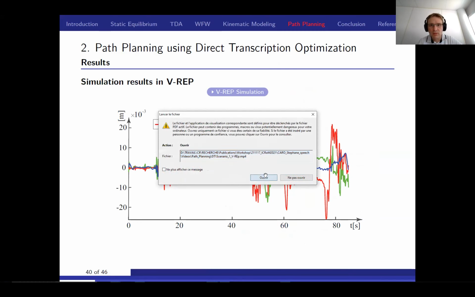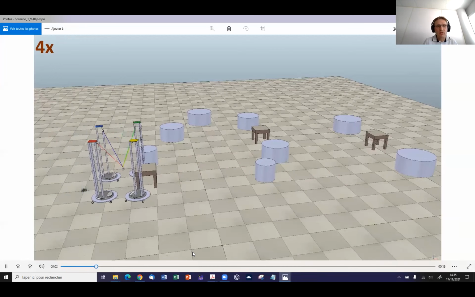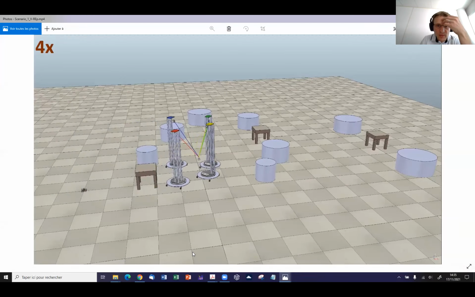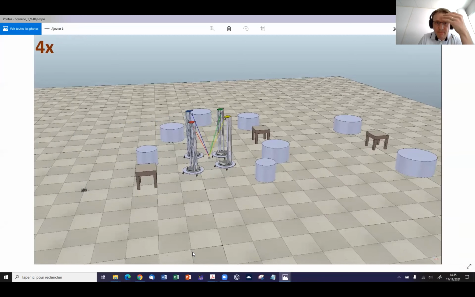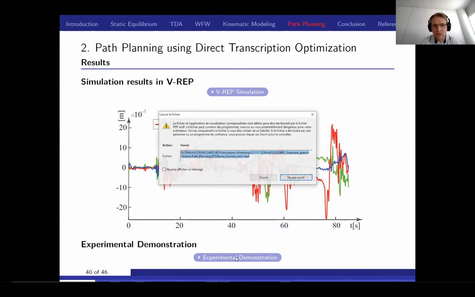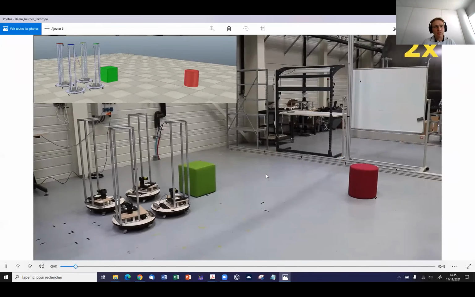We also generated a simulator of this system in V-REP, CoppeliaSim, in order to validate those results in simulation. And I think that I also have an experimental validation of this work.